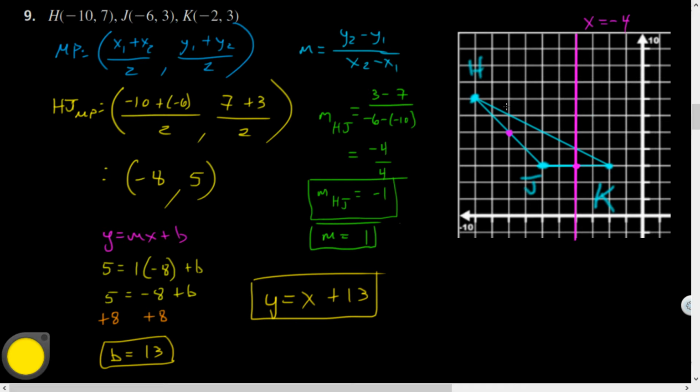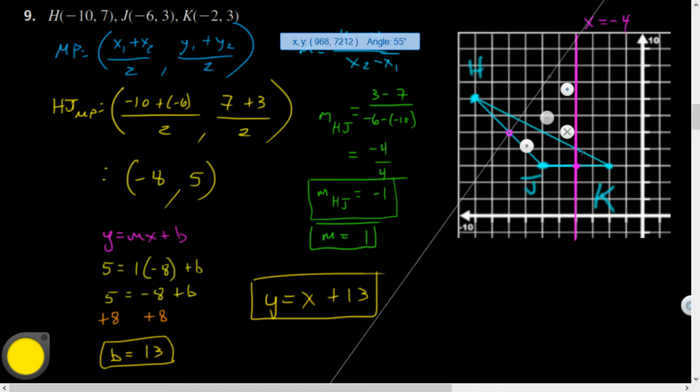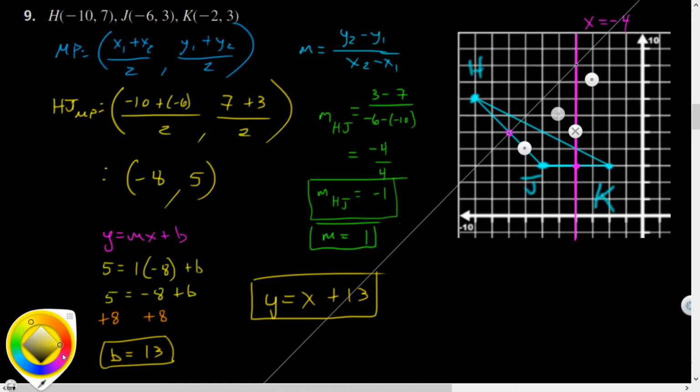So that means the y-intercept would have been at 13. But let's just draw that line, because like I said, we already had a point and we knew the slope. Right, Malik? So if I just go up 1 over 1, up 1 over 1, I could have drawn that line.